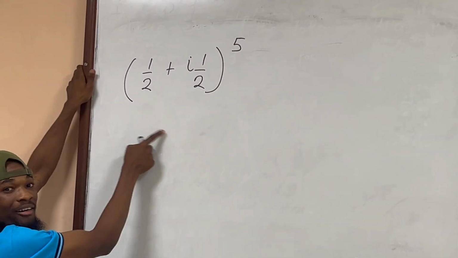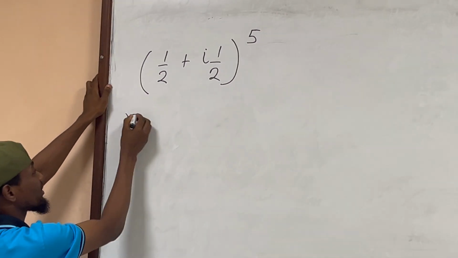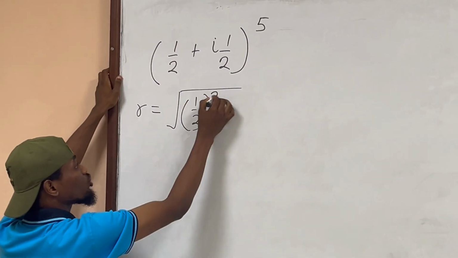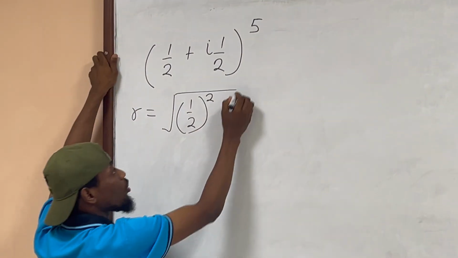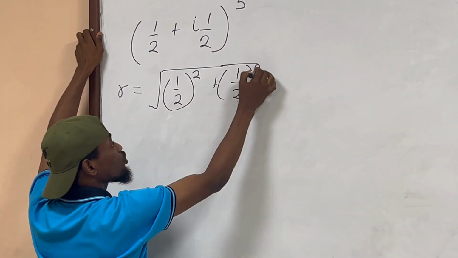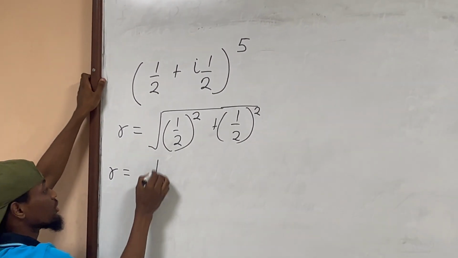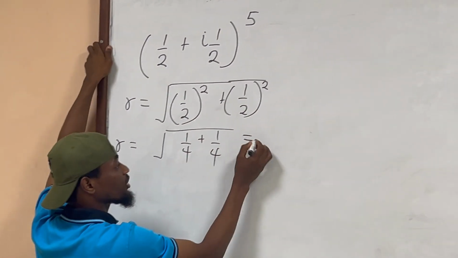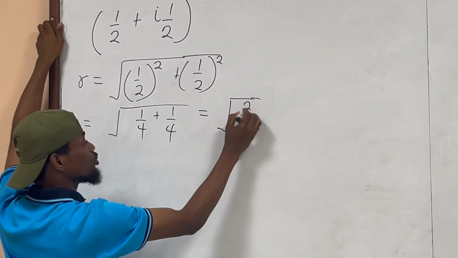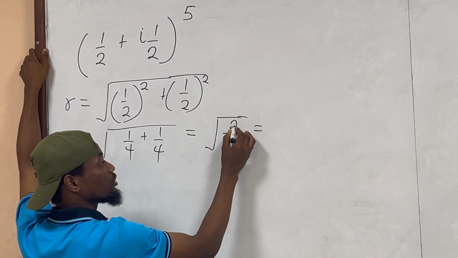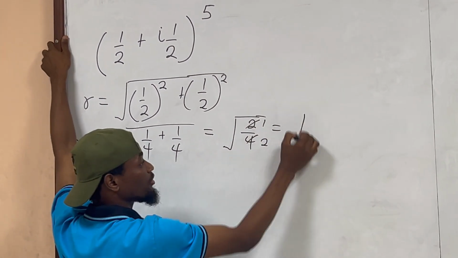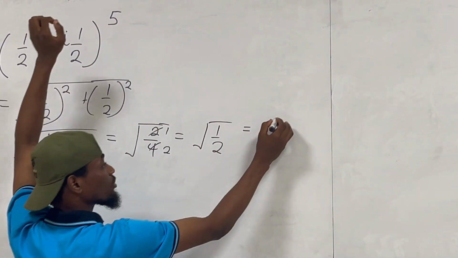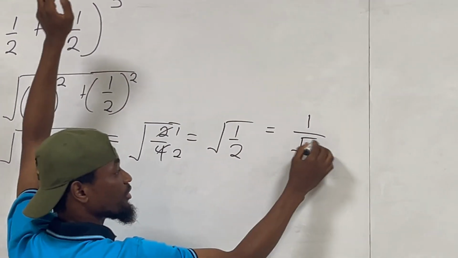So we want r and theta, okay? My r, which is my modulus, is the square root of (1/2) squared plus the imaginary part (1/2) squared. So r is equal to the square root of 1/4 plus 1/4, which is 2/4, which is equal to 1/2. So r is the square root of 1/2, which is 1 over root 2.